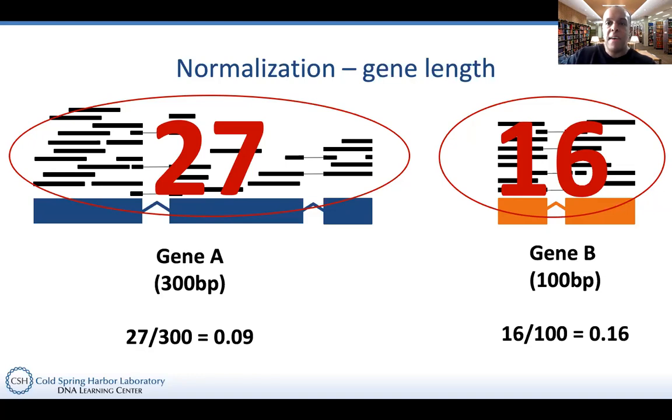So there are definitely other analysis steps that we need in order to get an accurate understanding of whether one gene is more highly expressed or not. And so these are the types of things that we are getting in our analysis.